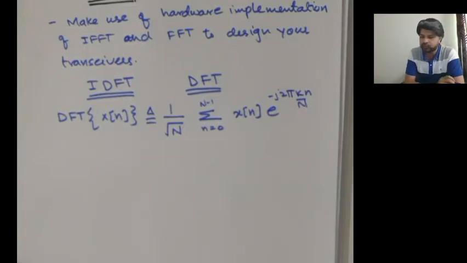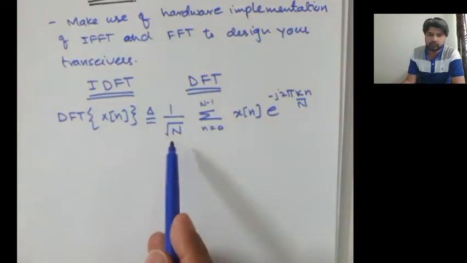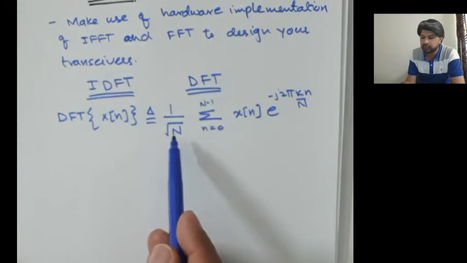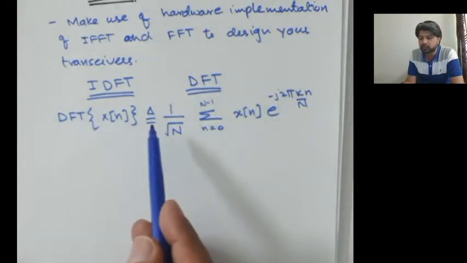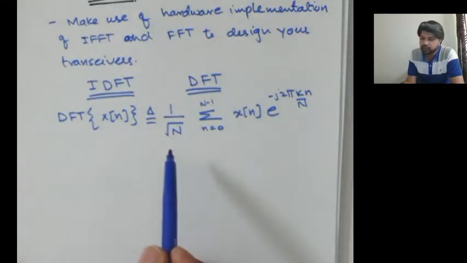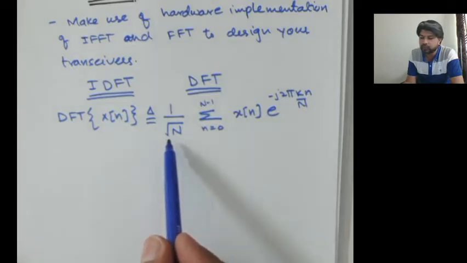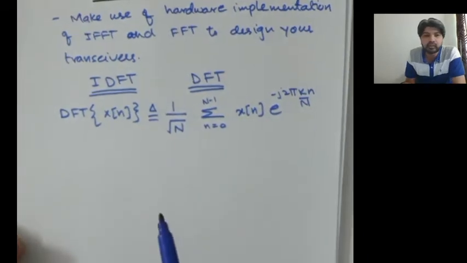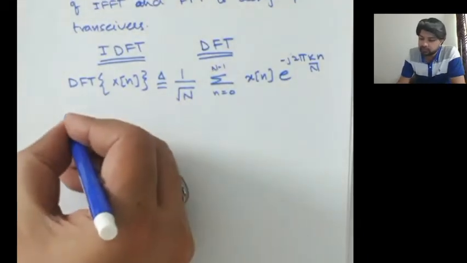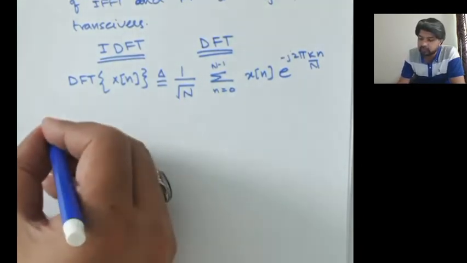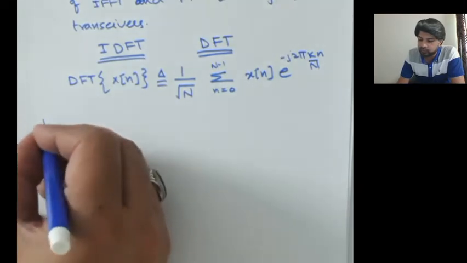In most textbooks, you won't have this scale factor of 1 over root N. Here you have this factor of 1 over root N. This means this is 1 over root N times the standard discrete Fourier transform, and hence you would have a factor of 1 over root N in the inverse discrete Fourier transform as well. By defining your discrete Fourier transform this way, you can define your inverse discrete Fourier transform.